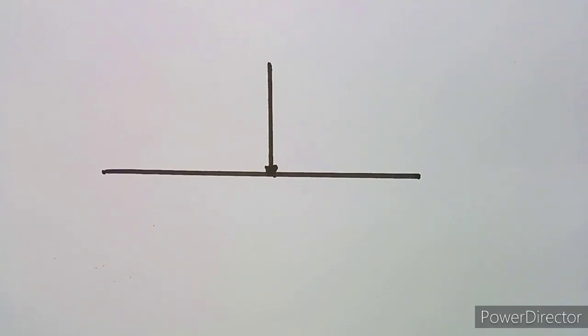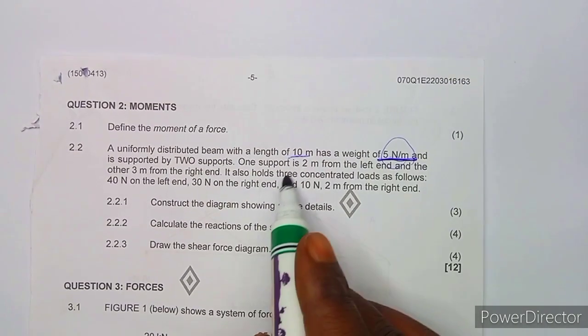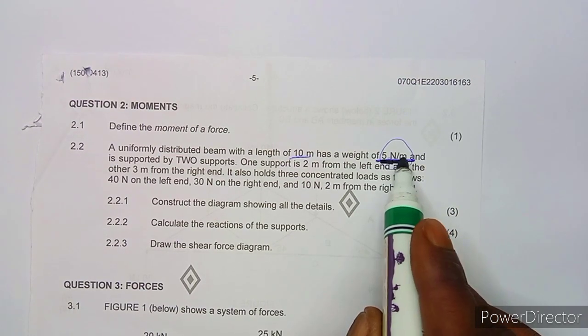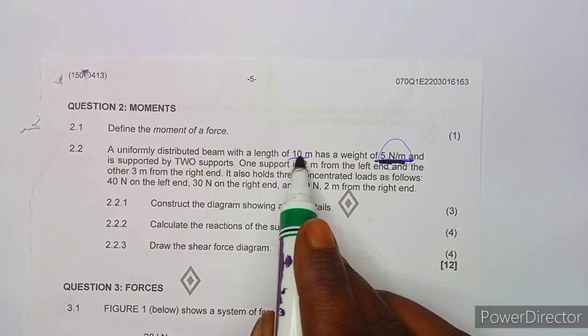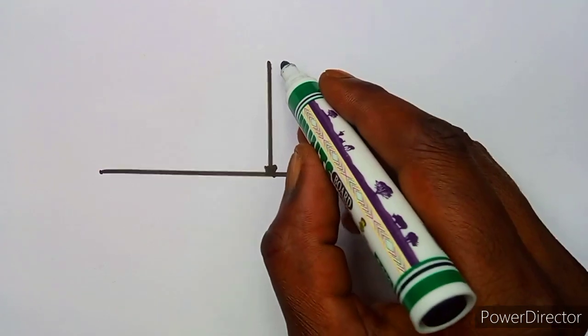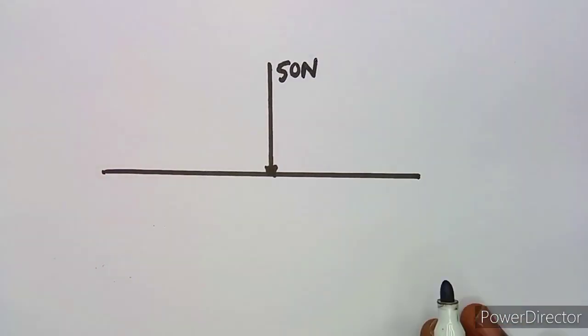So this force here is going to be the product, because it's 5 Newton per meter, for 10 meters. So it's going to be 5 times 10, which is 50. So you're going to obtain 50 newtons like this. That's for the distributed part.